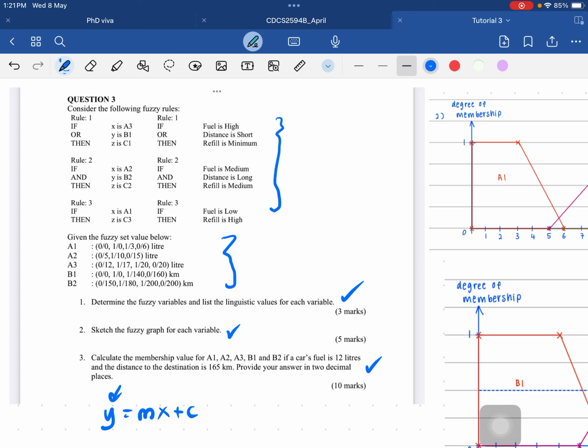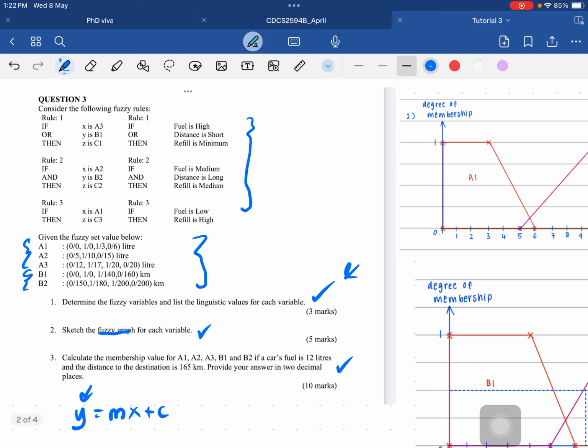Now, for question number 1, I bet you won't be having any problem on that. For question number 2, you are supposed to look into the fuzzy set value, and then you need to sketch the fuzzy graph here. So if you look at here, we have a variable and also b variable, a1, a2, a3, b1, b2, b3.